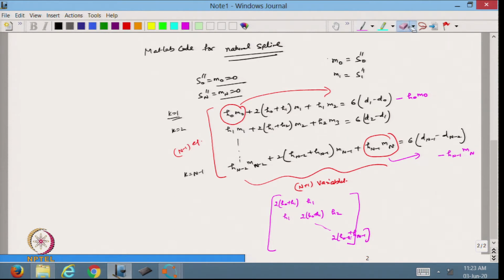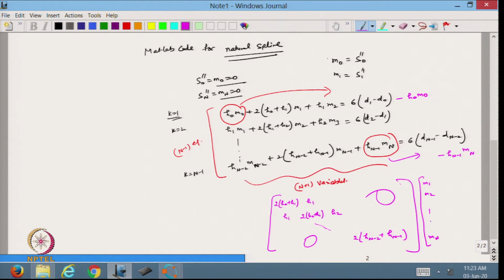So, this is a tridiagonal system. I will get M1, M2 up to Mn minus 1.